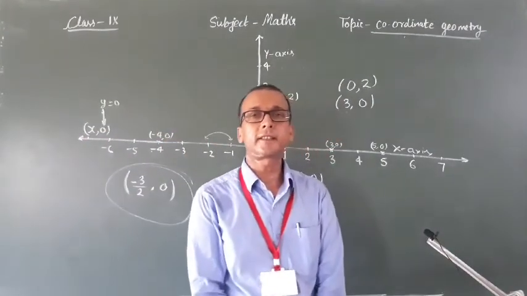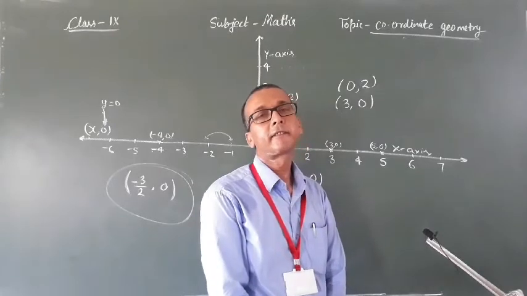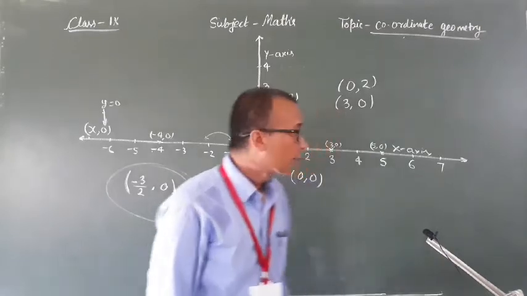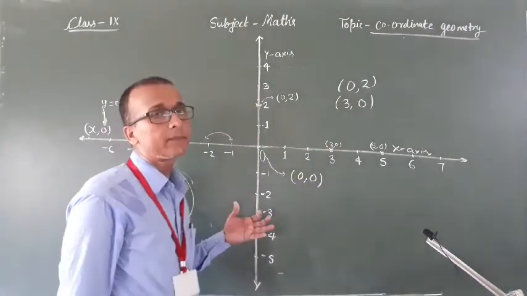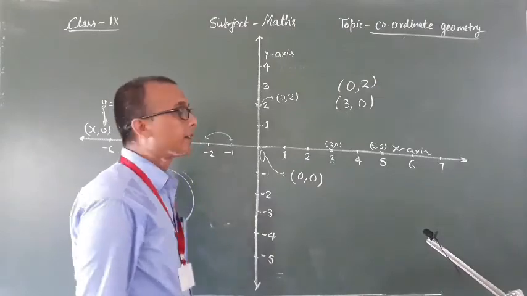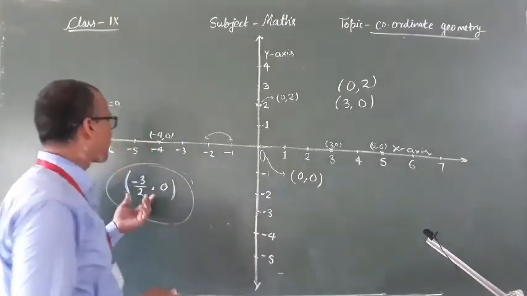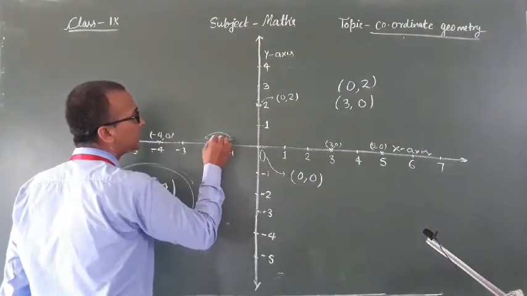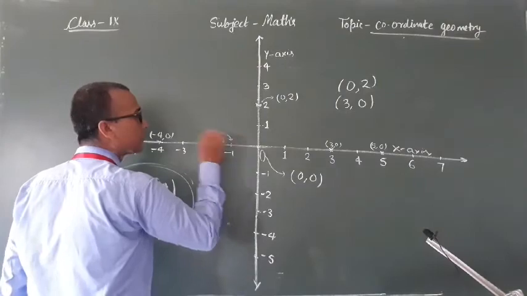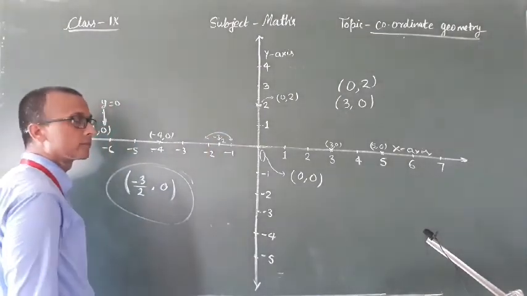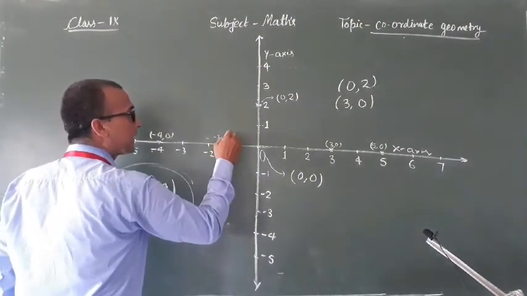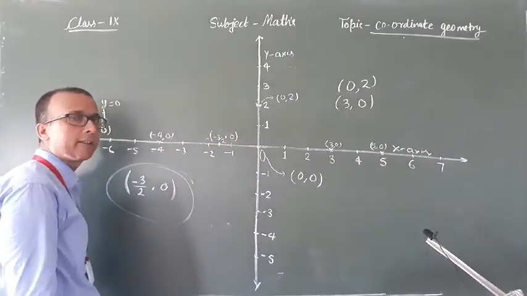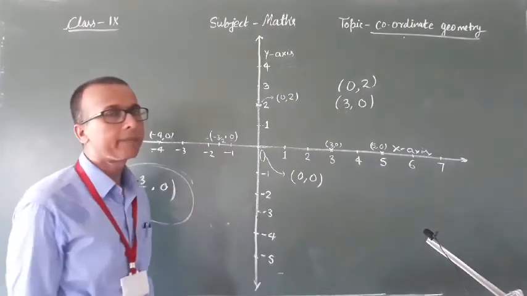You can represent it by the method of representing a rational number on the number line. Basically this system is developed on graph paper. You can easily locate -3/2 there. It will be here, and this point is -3/2. When you put it in an ordered pair, the point is known as (-3/2, 0).